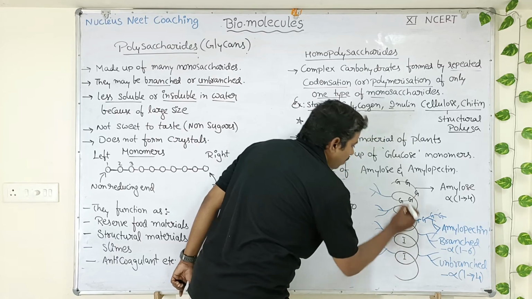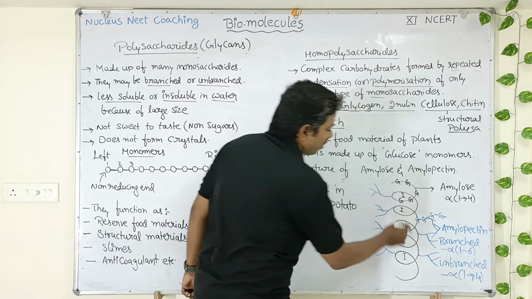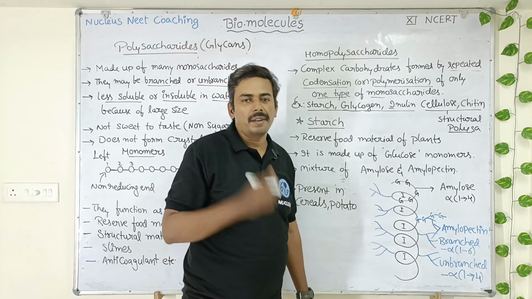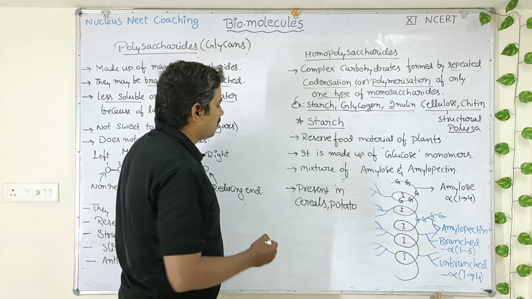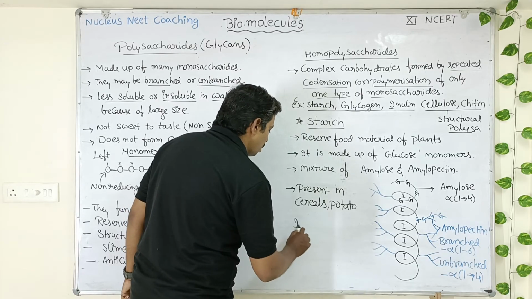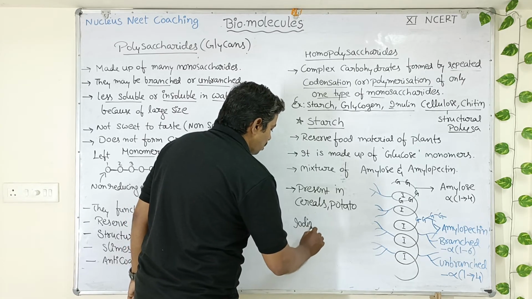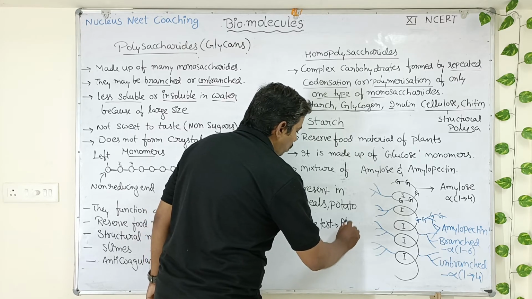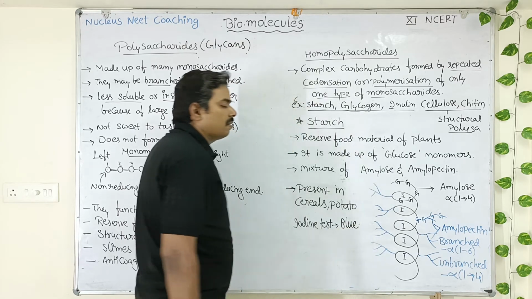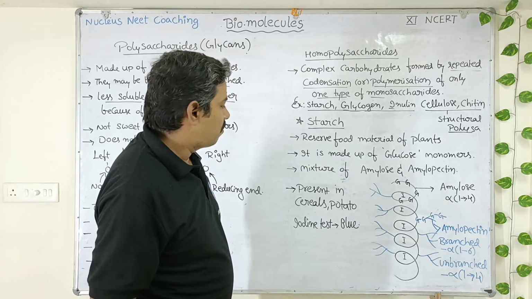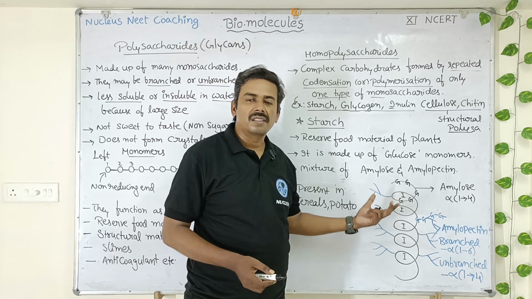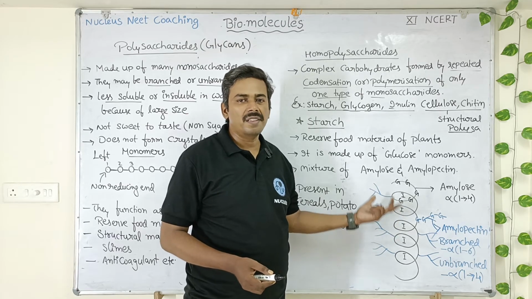When iodine occupies the space present in the helix, the entire starch will show up in blue color. So what is the test for starch? Iodine test. The iodine test will give blue color. So when any carbohydrate is tested with iodine and gives blue color, it is an indication that the unknown carbohydrate is starch.